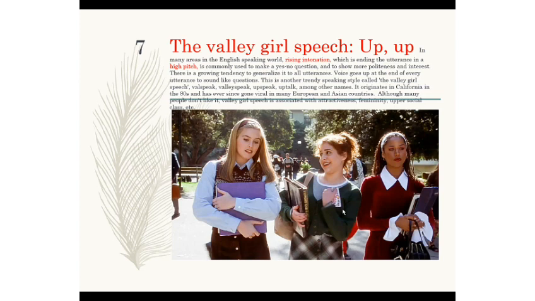The second kind of speech, which is also trendy, is what we call the valley girl speech, or up talk, or up talking. People up talk. How to up talk?